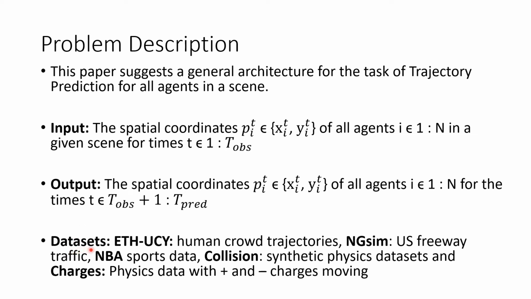And the paper used several datasets. They are ETH-UCY, the human crowd trajectories, and GSIM, which is US freeway traffic, NBA, which is sports data, collision, a synthetic physics dataset, and finally charges, which is a physics dataset with positive and negative charges moving in an electrical field due to other electrons moving.